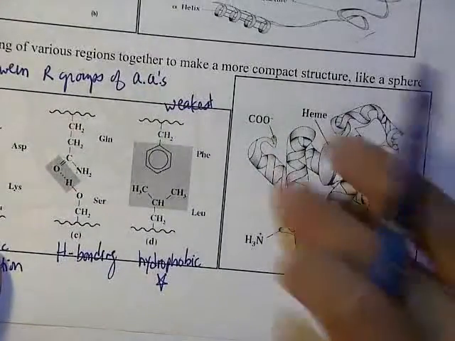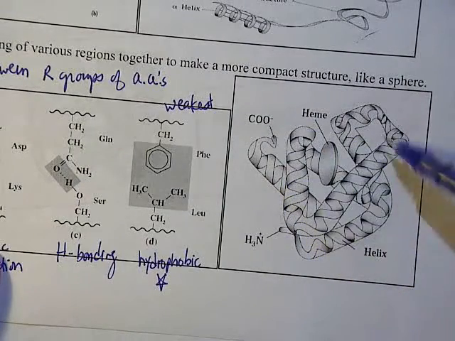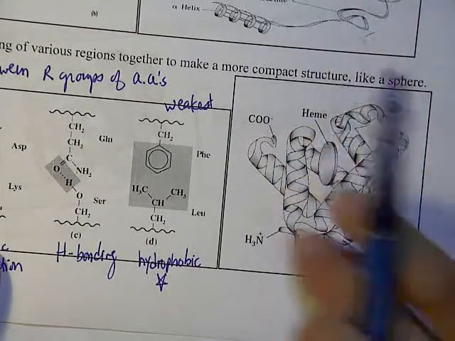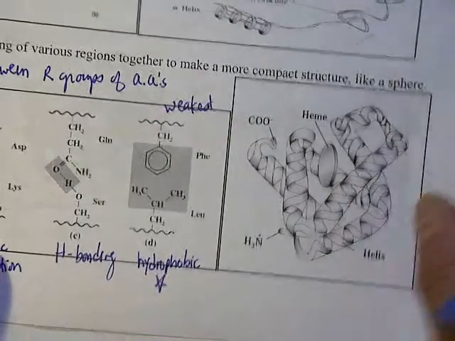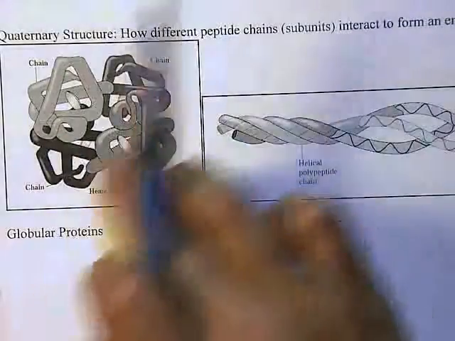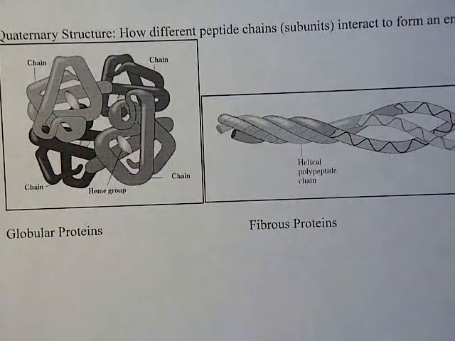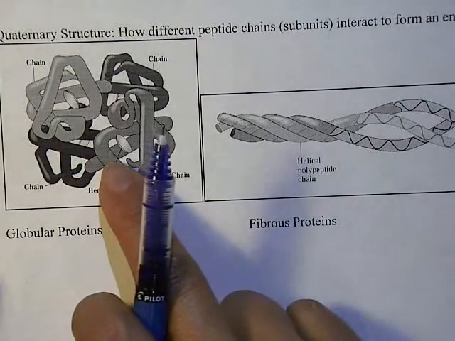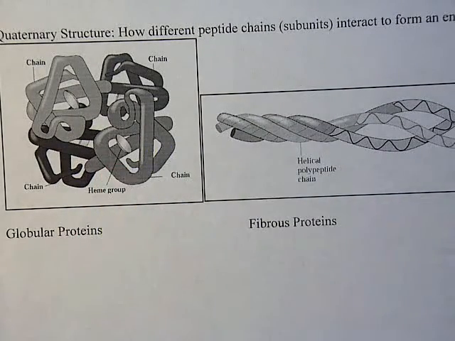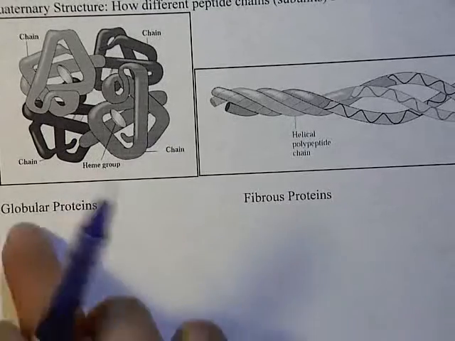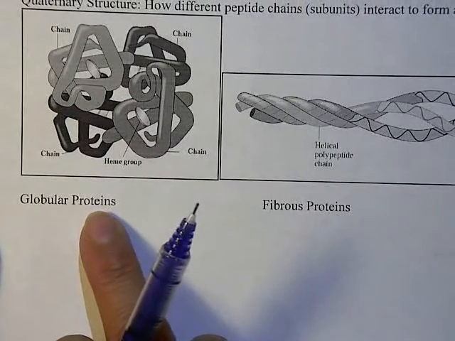So this is a chain, and it forms a globular shape, and 4 of these come together to make one molecule of hemoglobin.